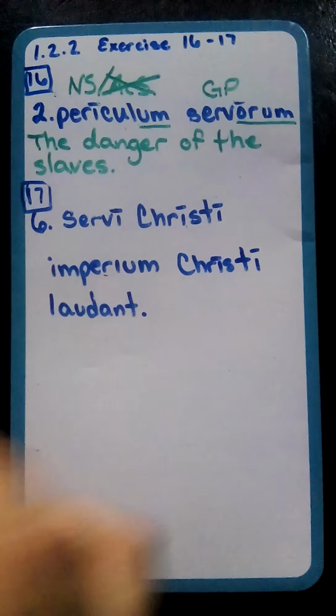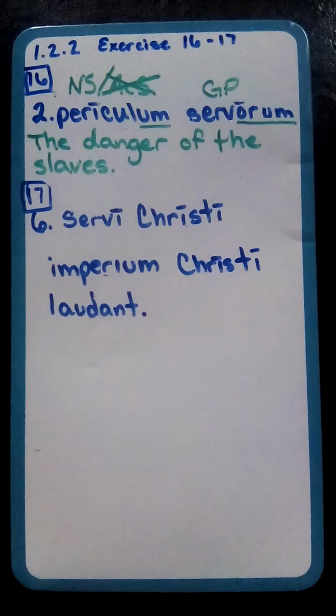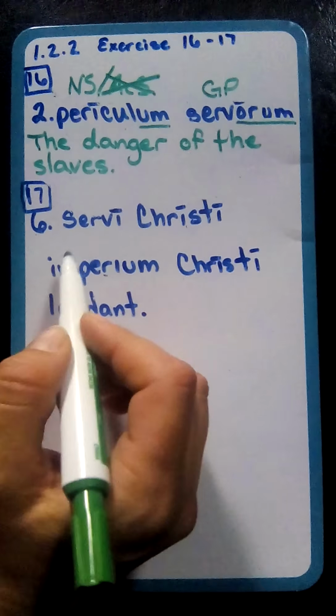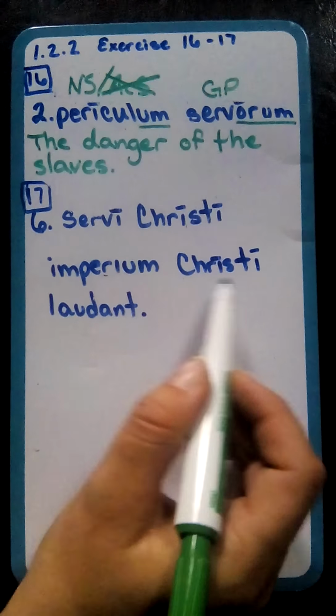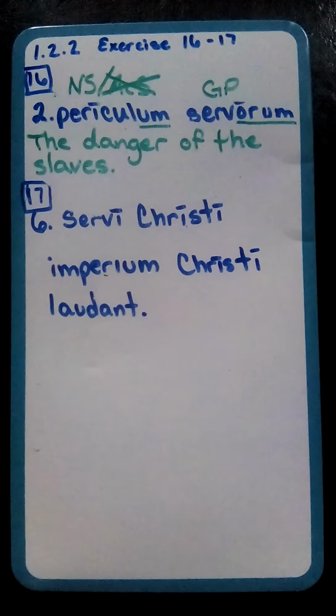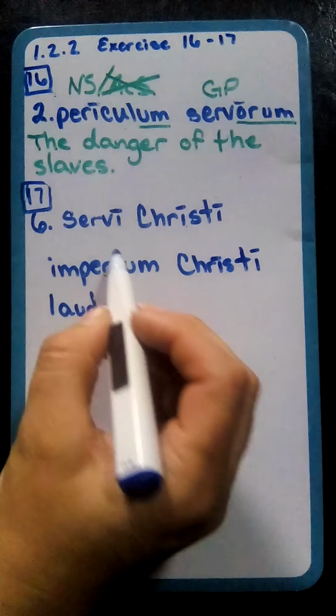Number 7 tells us to first translate and then to underline the direct object. So let's start translating. We have servi Christi imperium Christi laudant. With this one, we're going to start with the first word, servi.